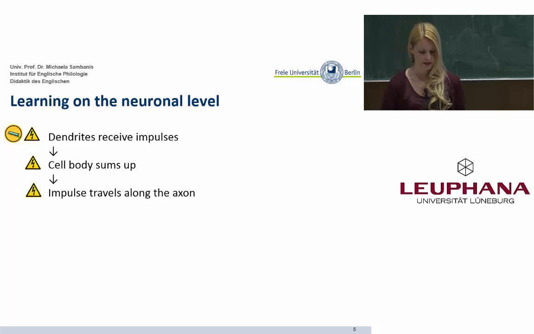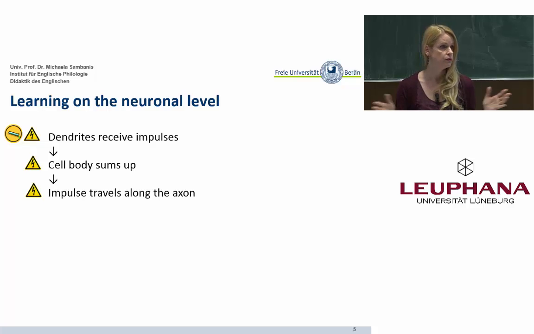No. In very simple terms, an action potential is generated in the cell body when, at a certain moment in time, the incoming impulses from numerous dendrites reach a certain threshold level. Then an action potential is generated. If they do not reach this threshold level, no action potential occurs, which means that no communication happens, no learning happens.